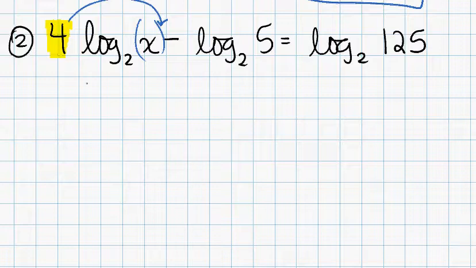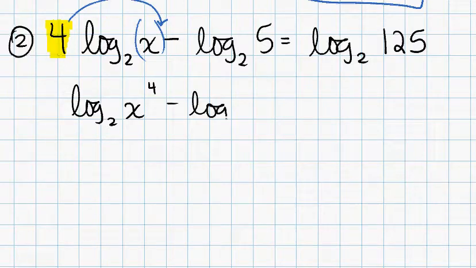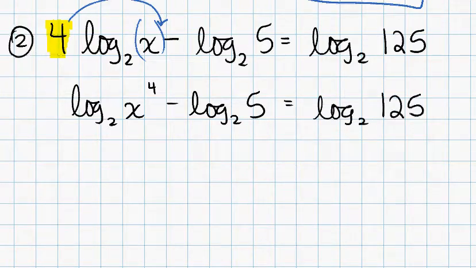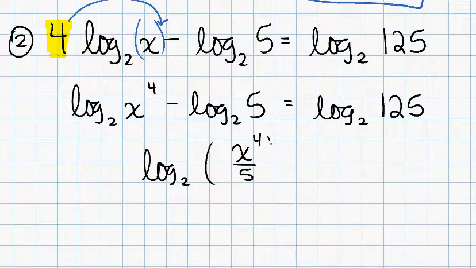So what we really have is log base 2 of x to the 4th minus log base 2 of 5 equals log base 2 of 125. From here, do you know what property to use? Hopefully you decided to use the quotient property. So this becomes log base 2 of x to the 4th over 5.